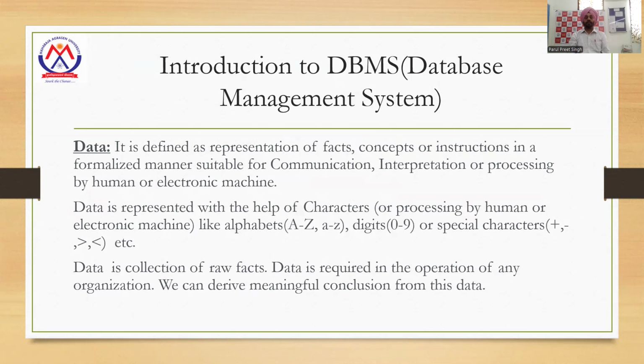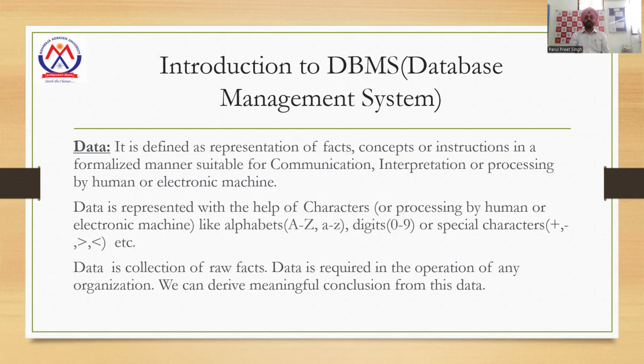Before directly coming to the topic, we need to understand a few basic things which are used in database management system. The first is data. It is defined as representation of facts, concepts, or instructions in a formalized manner suitable for communication, interpretation, or processing by human or electronic machine.